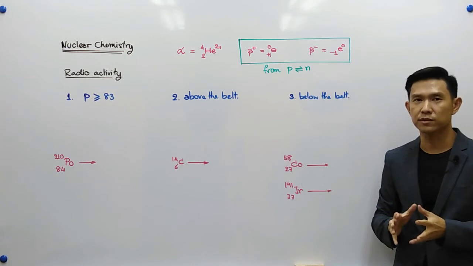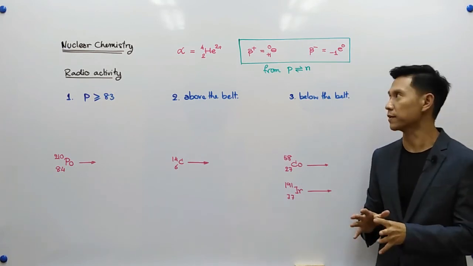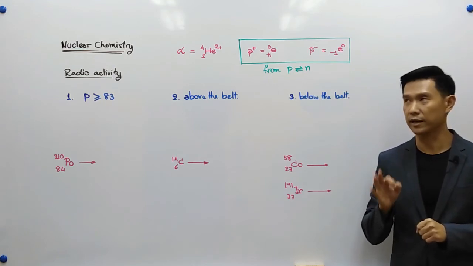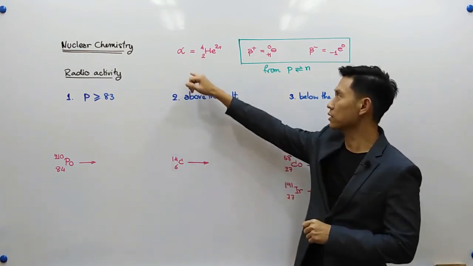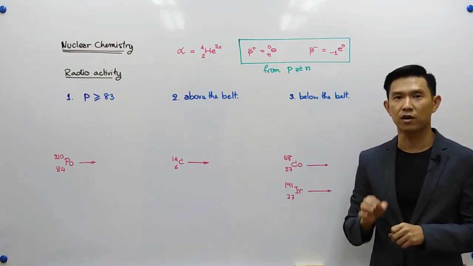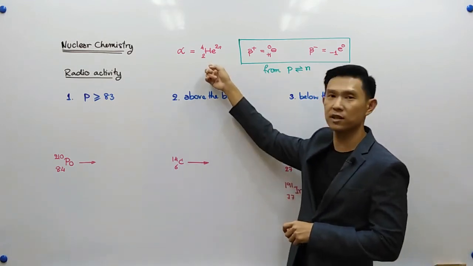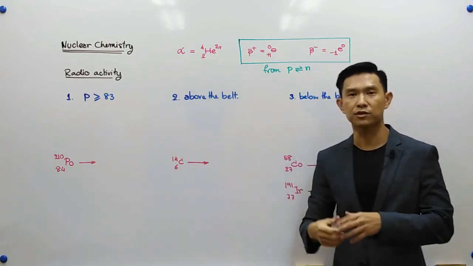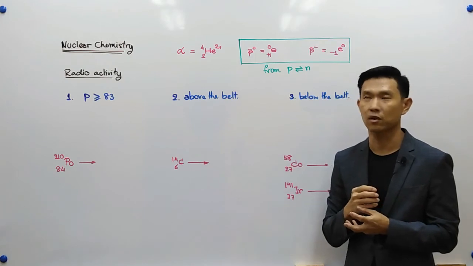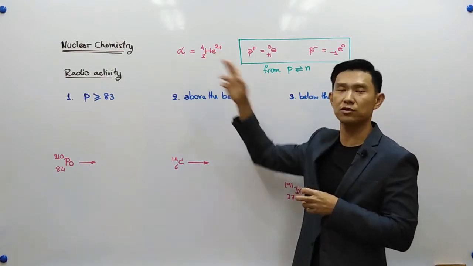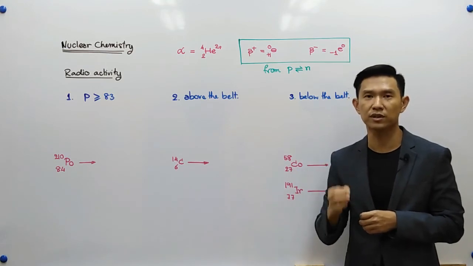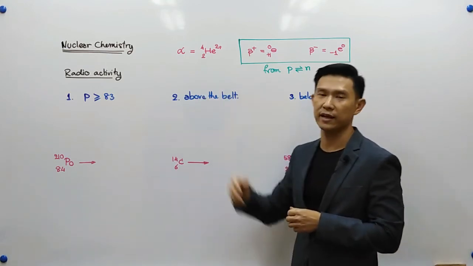For the mechanisms to put everything back on the belt, there are three kinds of radioactive radiation. The first one is alpha radiation. An alpha particle is actually the nucleus of helium. That means your nucleus releases the nucleus of helium, or two protons and two neutrons all together at once. We call this kind of radiation alpha radiation.